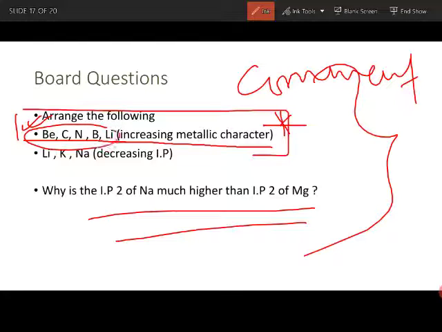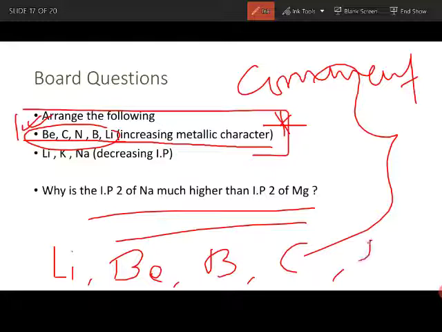So my first duty is to arrange them. The first element that comes will be lithium. That means one thing is very important: you should know the sequence or the atomic number of the elements. After lithium comes beryllium, after beryllium comes boron, after boron comes carbon, then after carbon comes nitrogen. So my first task is completed. You have to arrange them: lithium, beryllium, boron, carbon, nitrogen.